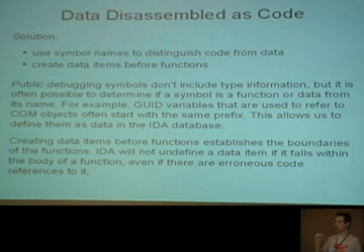Another thing you can do is create the data items before functions, because if you haven't created your data byte, it will just be an unexplored area in the database. So when IDA creates the function, if the code tracing goes through there, it will just create it as code. And then later, if you try to create data there, it will not work. At least the auto analysis will not do that.